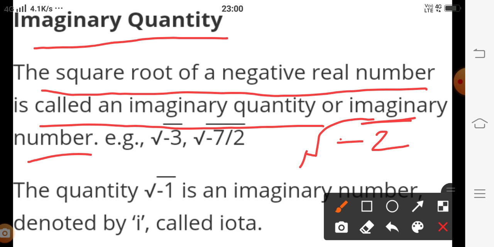The quantity minus under root minus 2 can be written as under root 2 into under root minus 1. Any negative value we can write like this, as a multiplication with under root minus 1.